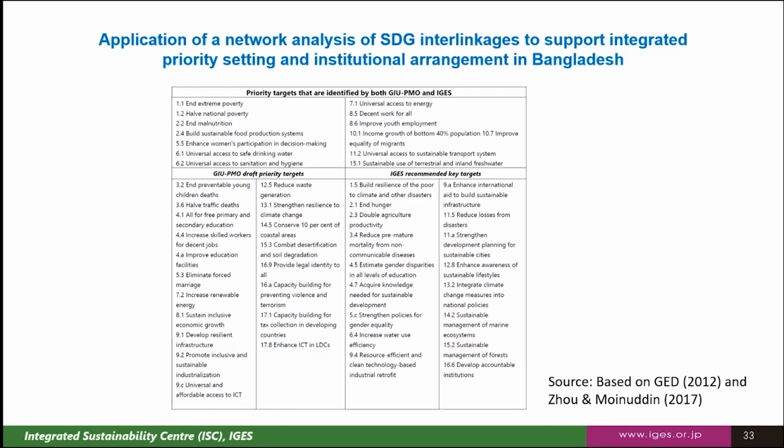And the targets on the right of the lower part were those proposed by us for governmental consideration. So in the beginning, the government considers a set of SDG targets as the priority areas based on their own judgments. Then we provide this science-based evidence to support integrated priority setting for the government.